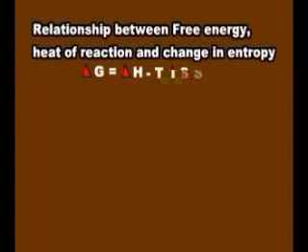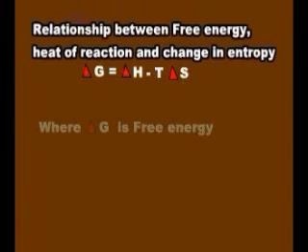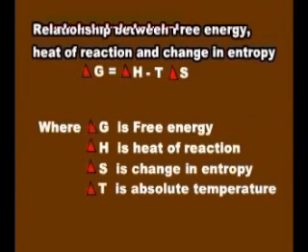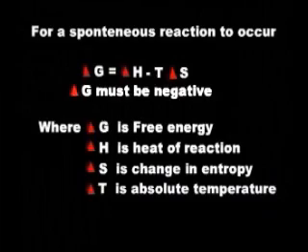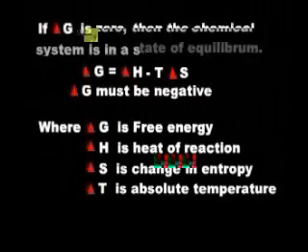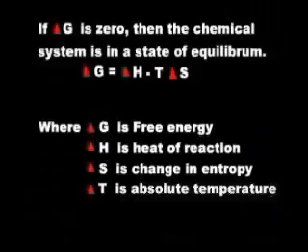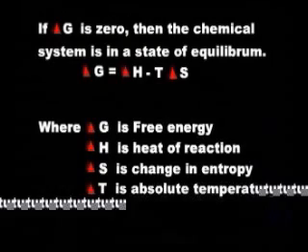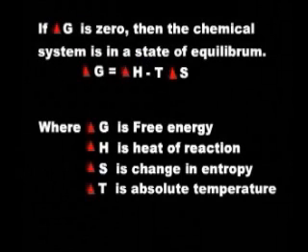Delta G is equal to delta H minus the product of absolute temperature and delta S. For a spontaneous reaction to occur, delta G must be negative. If delta G is 0, then the chemical system is in a state of equilibrium.